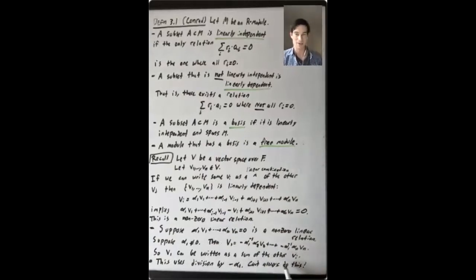And you cannot always do this in a general R module. So that's one of the first contrasts between what's going on for R modules and what's going on for vector spaces over a field. In the last video of this lecture, I'll give a lot more examples of things that are true for vector spaces where you need to be quite a lot more careful for R modules.